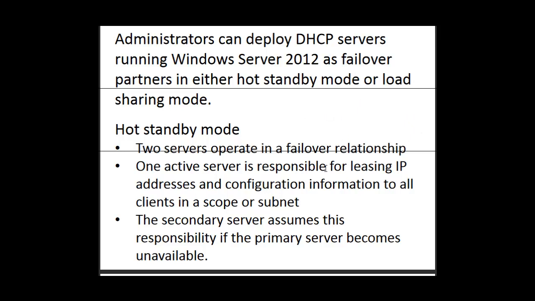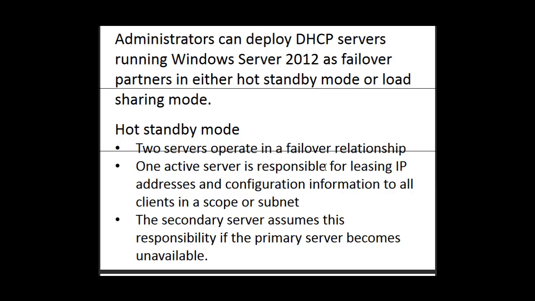The hot standby mode would be the DHCP server in the relationship that is on standby, so that when the primary DHCP server goes offline or is not reachable, the hot standby DHCP server will take over and start leasing IP addresses and configuration needed for the clients on your network.